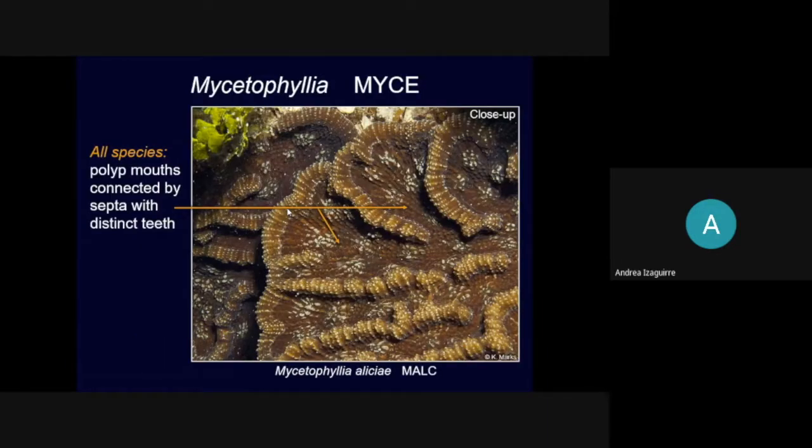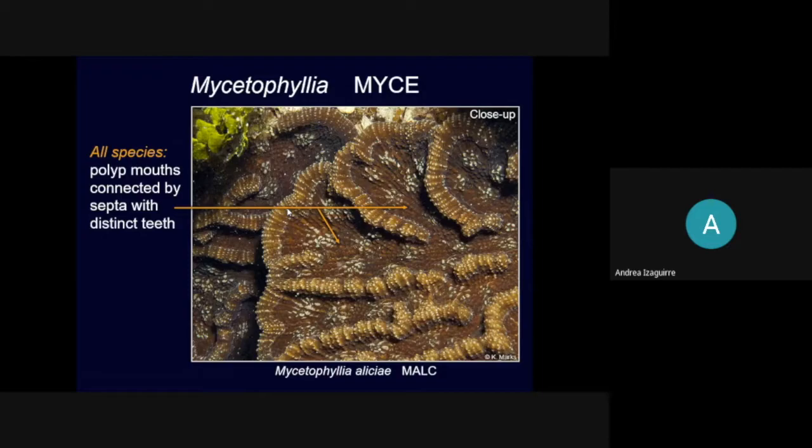Okay, so now we are going to start with the cactus corals. They're all in the genus of Mycetophyllia, or MYCE. With these corals, it can be a little bit hard to identify them. Not from the rest of the corals, but just from each other.